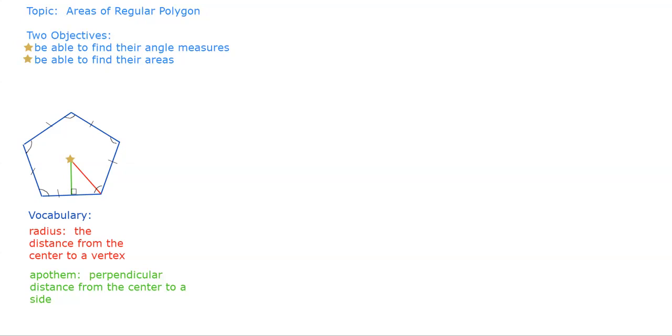Okay, so the first thing that we're going to do is a problem where the figure is a regular polygon with radii and apothem. So we're going to draw a regular polygon, and it doesn't have to be beautiful, it just has to be functional. My regular polygon is going to look like this.